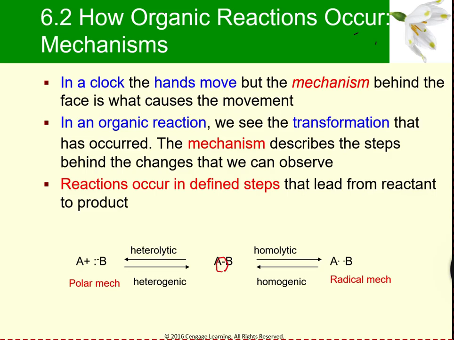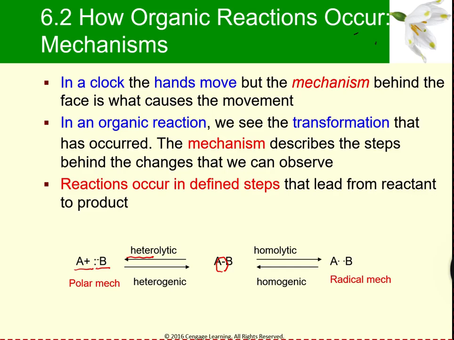When the chemical bond is broken, we can imagine both electrons move to B, and B becomes a minus one charge, and of course A will become plus one, right? We call this a heterolytic cleavage because the cleavage of electrons is not symmetrical. That's what hetero means.